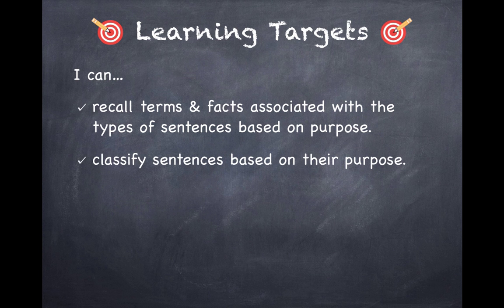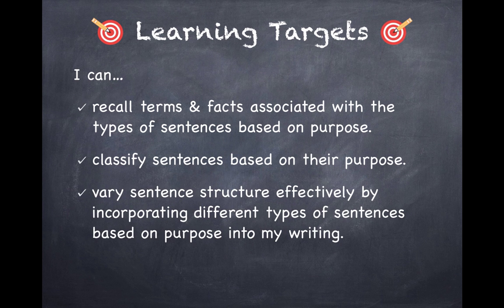I can classify sentences based on their purpose. So if I gave you a sentence and said, what type of sentence is this, you should be able to tell me. And then the end goal is I can vary sentence structure effectively by incorporating different types of sentences based on purpose into my writing.